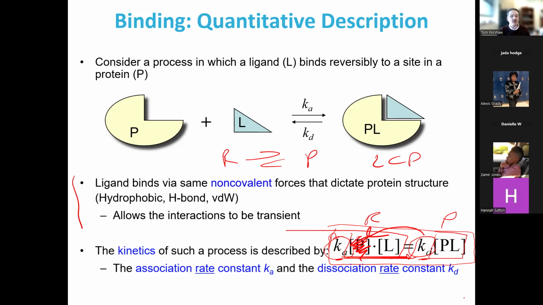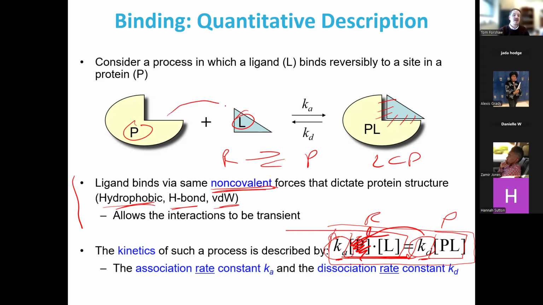Something that I forgot to mention, skipped over on this slide, is that when the protein and the ligand come together, the forces between them are usually non-covalent forces. There may be some transient covalent forces during a rearrangement, but for the majority of the time, what's holding them in place is non-covalent forces, such as the hydrophobic effect, hydrogen bonds, and van der Waals forces.